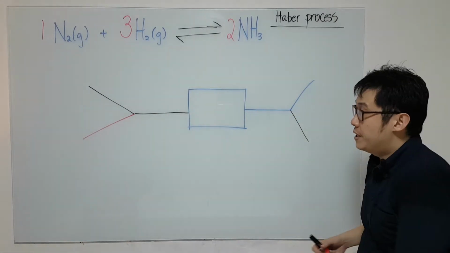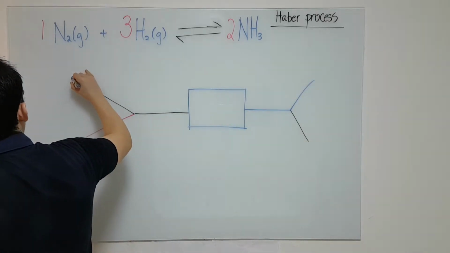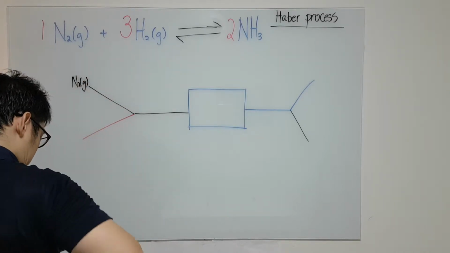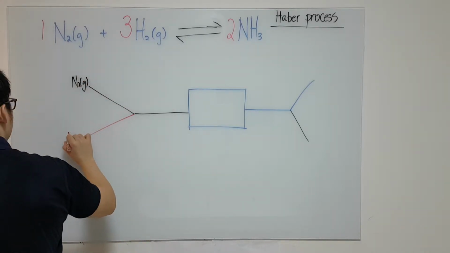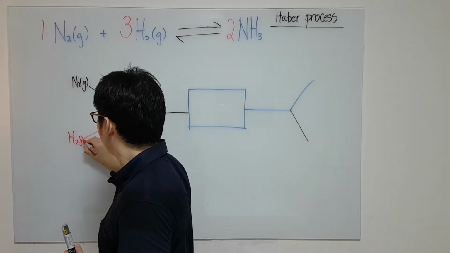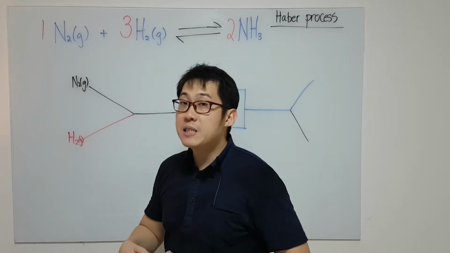Now, we all know that in order to produce ammonia, you would need your nitrogen gas. You will also need your hydrogen gas.